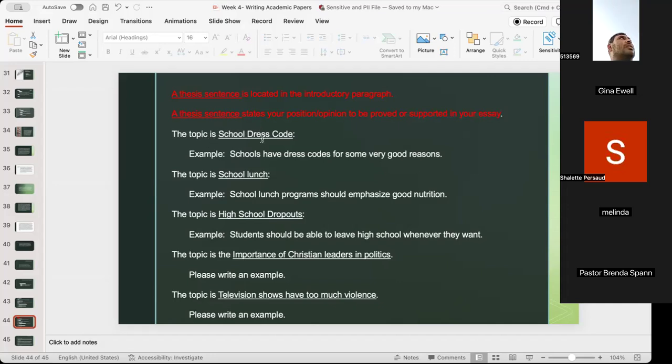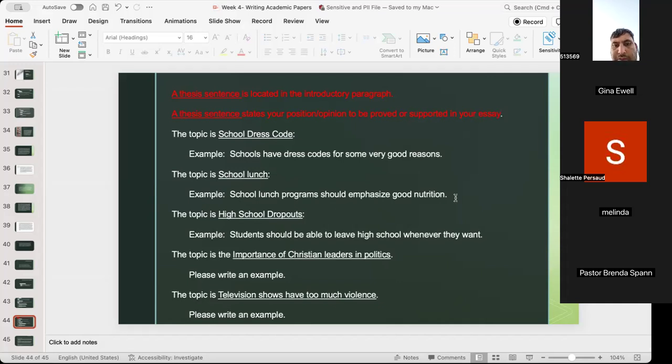For the school dress code topic, the example is, schools have dress codes for some very good reasons. So that essay is going to write about those very good reasons. For school lunch, an example would be, school lunch programs should emphasize good nutrition. That essay is going to be about the reasons why.